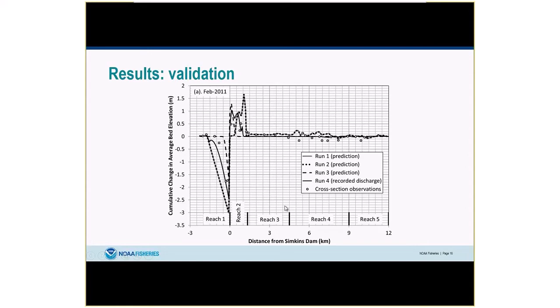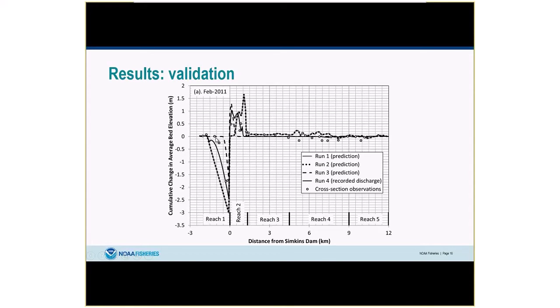So you can see that the wetter forecast models, which are runs 1 and 2, the grayish line and the dotted line, predict more complete erosion of the Simkins impoundment than we measured in the field by February 2011. You can just see that by looking at those two curves, which overlay one another.